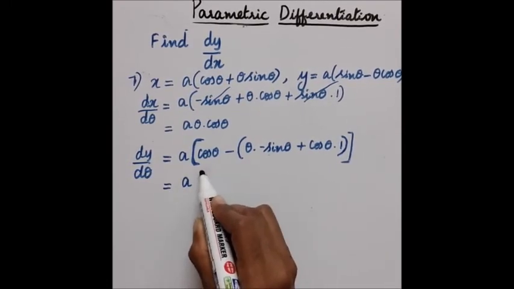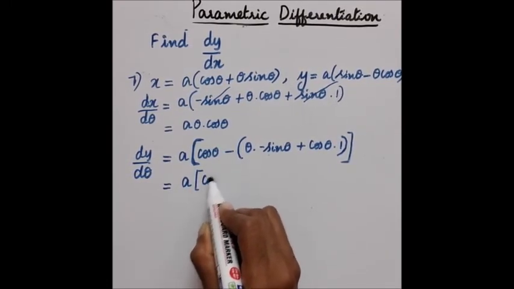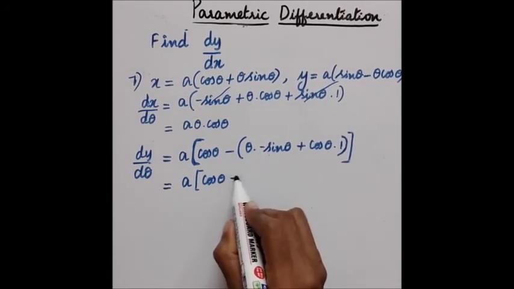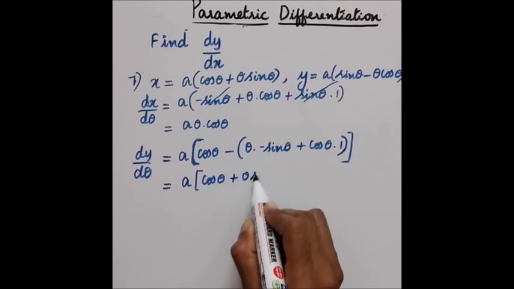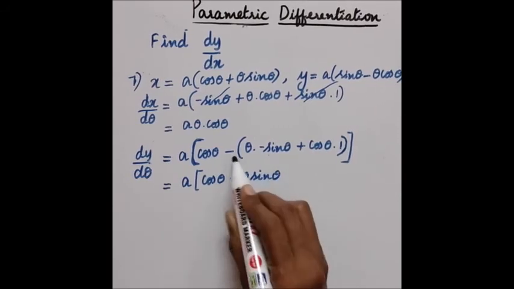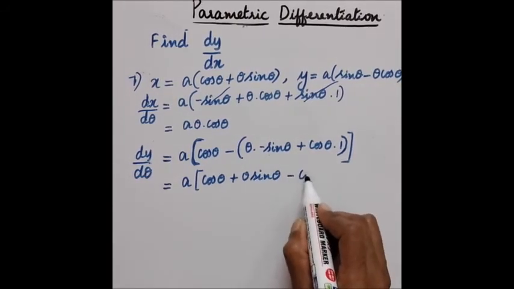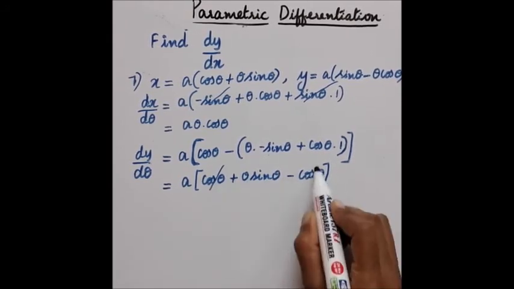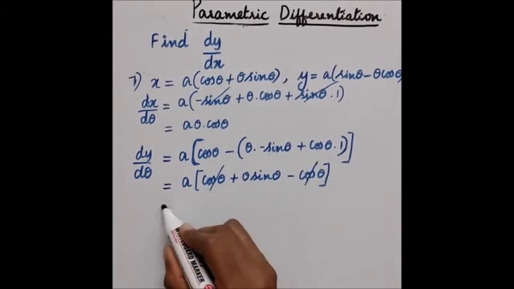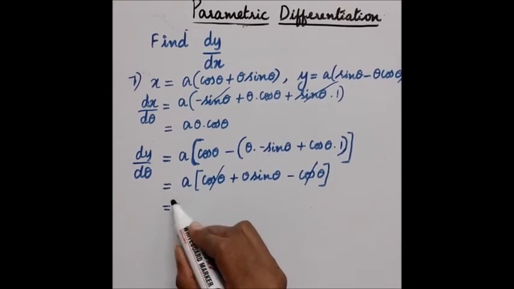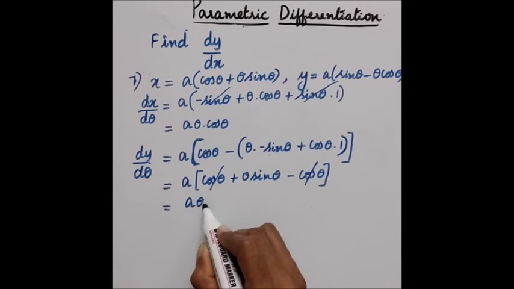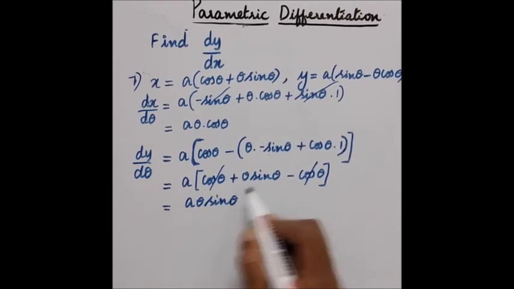It is a into cos theta, open the brackets, minus of minus, plus theta into sin theta minus cos theta. So what happens here? Cos theta minus cos theta, it cancels. So we get dy by d theta as a into theta into sin theta.